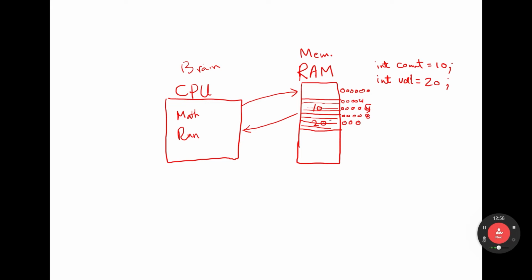Next variable will be starting from 00008, and then 0009, 00010, and 0011, okay? So this is hexa value, okay? So all of these are used, the 4 bytes here, are used by val variable, okay?